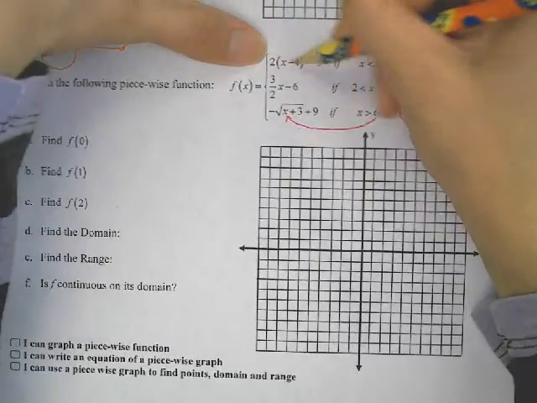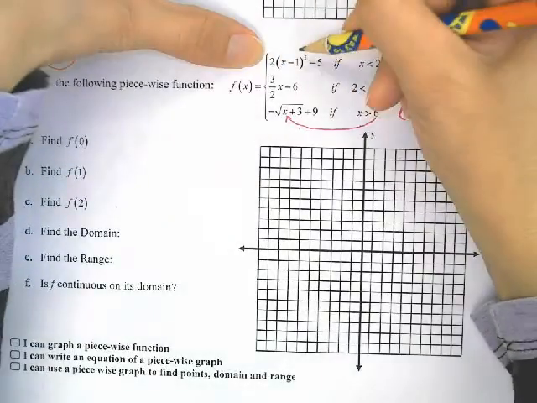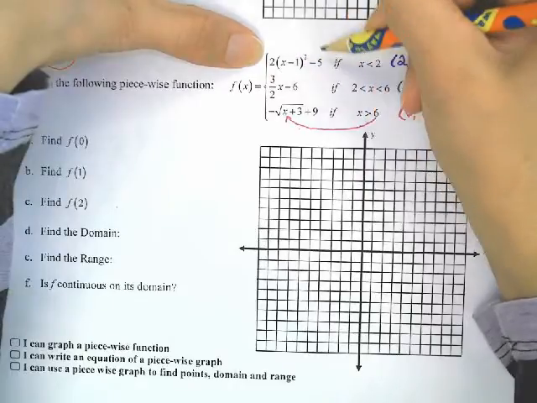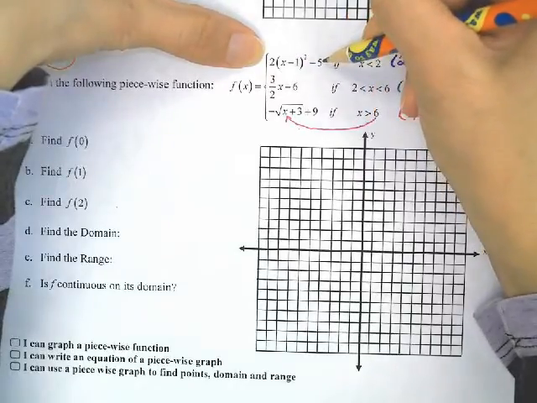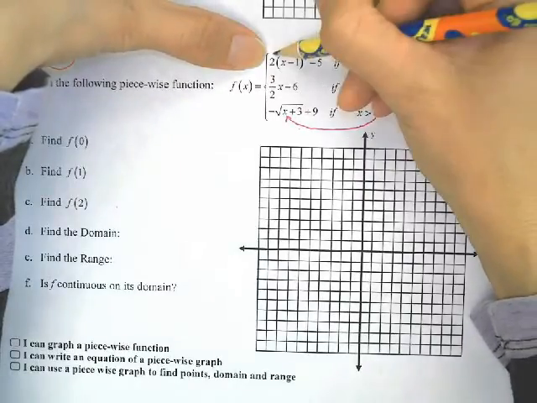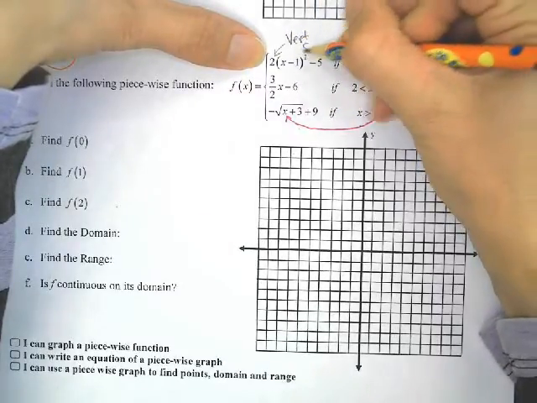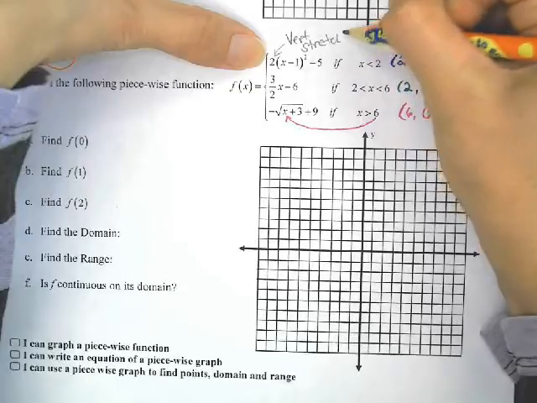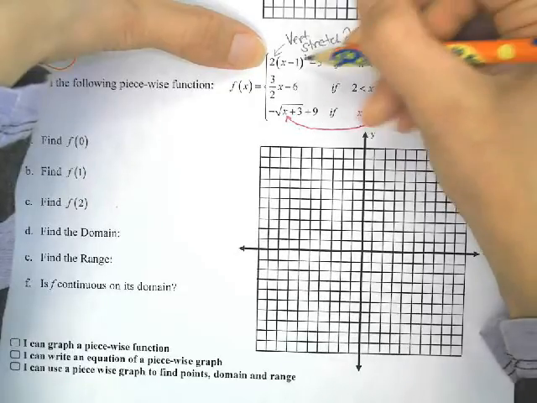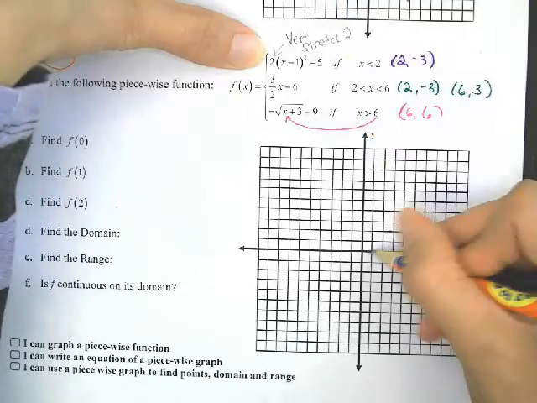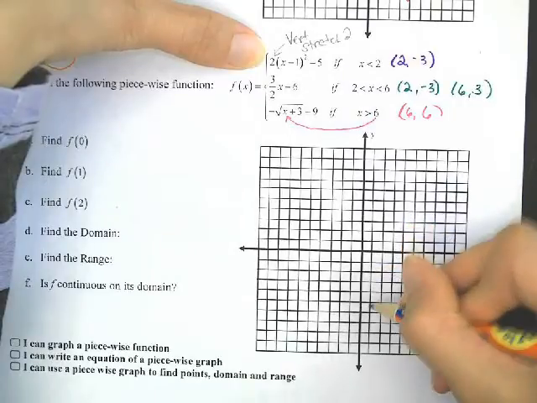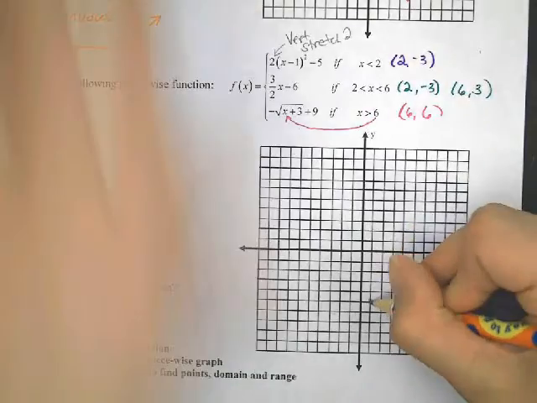Equation number 1. This is a parabola. 1 unit to the right, 5 units down. It's opening up, and that 2 right there means vertical stretch by 2. Okay, let's go 1 to the right. 1 to the right, 5 down. And let's not forget to stretch by 2.